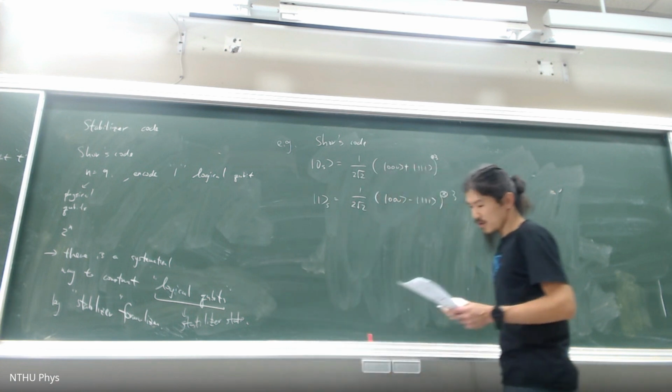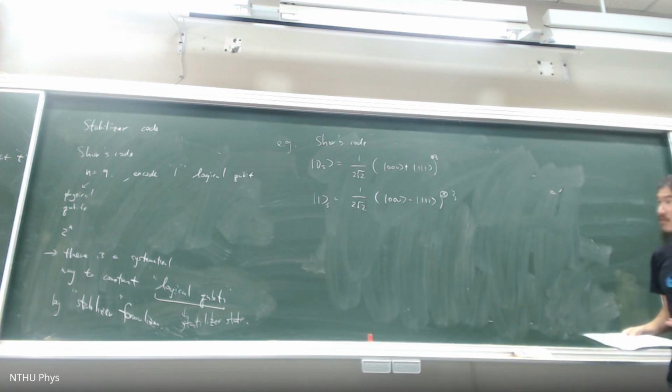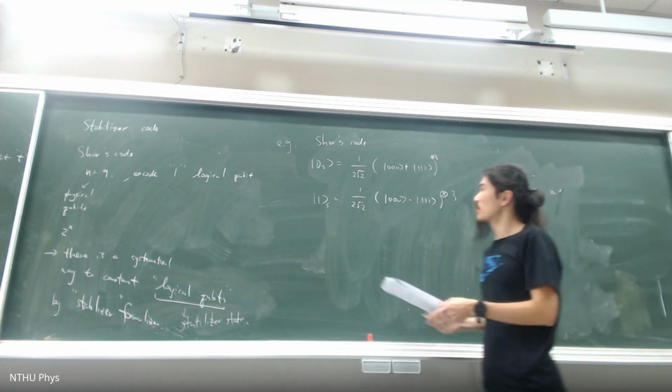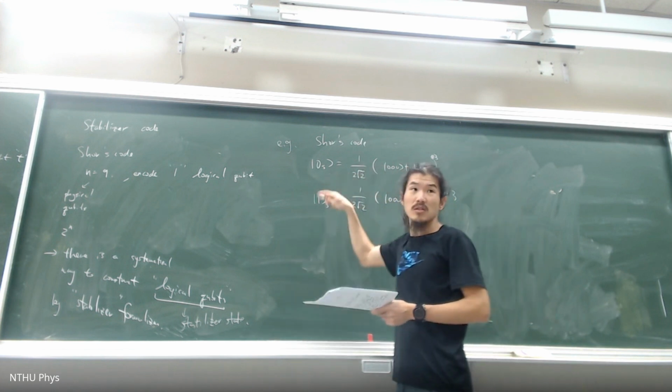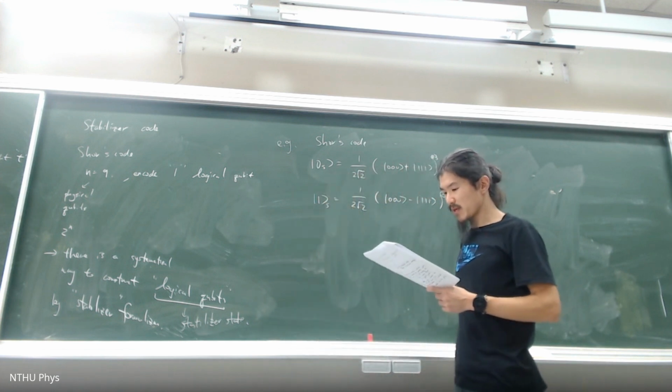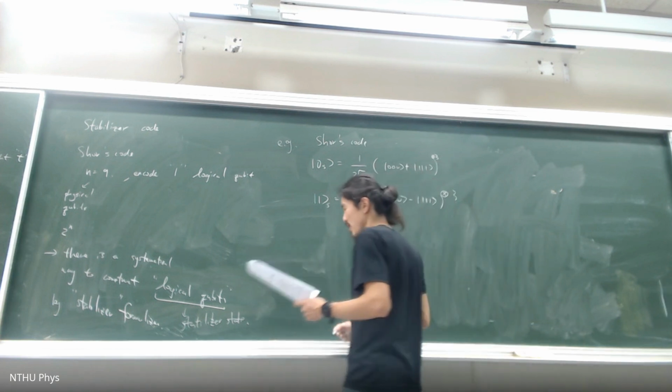This is what we know. So the stabilizer formalism is trying to find some operation that basically acts on this state. So what kind of operation? For example, we can find an operation.